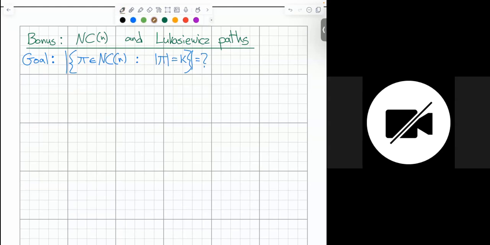So just to understand what we're dealing with here, if n equals 4 and k equals 2, I want to count all the non-crossing partitions of 4 elements consisting of 2 parts. So clearly I have the 2 non-crossing pairings of 4 elements, but I also have the non-crossing partitions of 3 and 1.